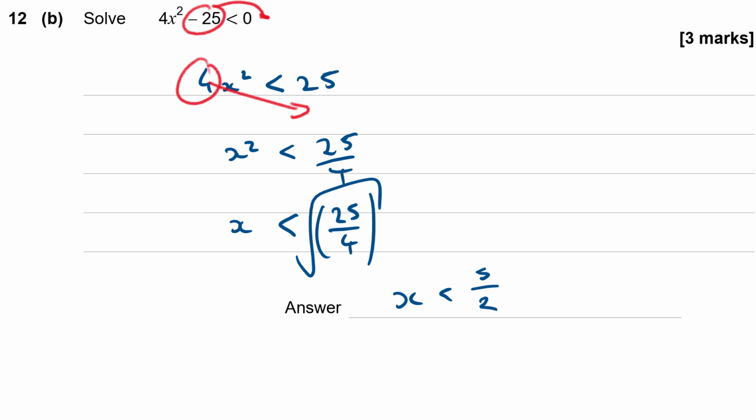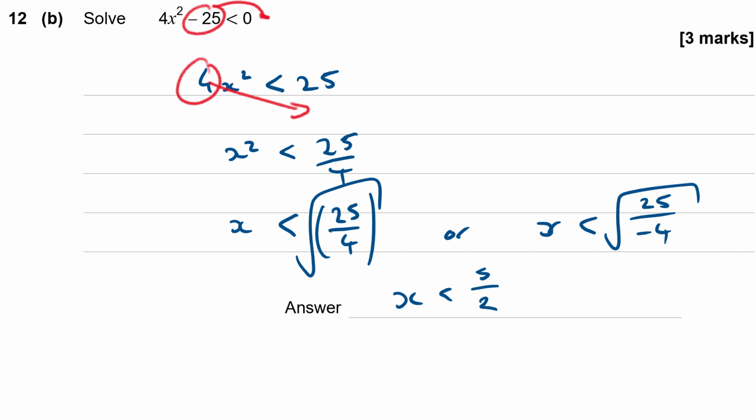Now don't forget that when you've got a square root, you often get another solution as well, which is the negative version of it. So I could have x is less than the square root of 25 over minus 4. And don't forget also that when you divide an inequality by a negative number, you're going to flip the inequality sign around.